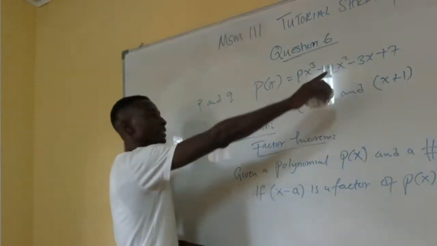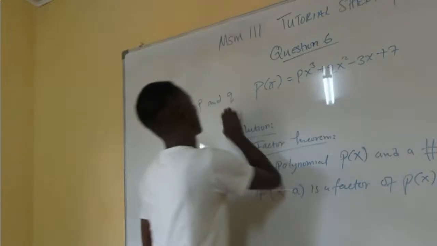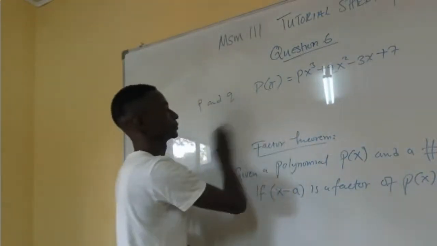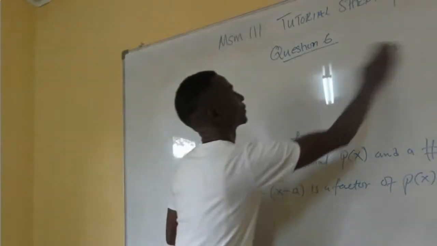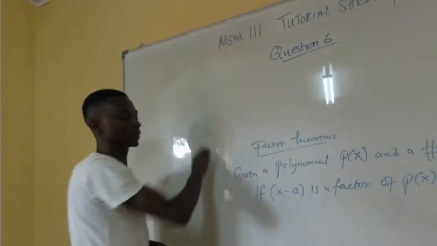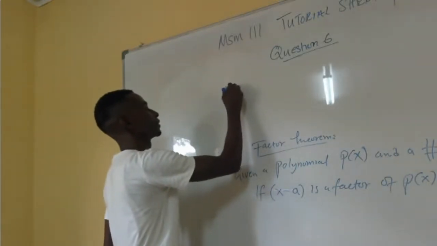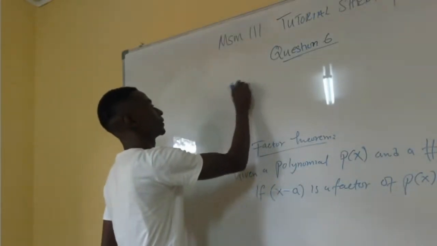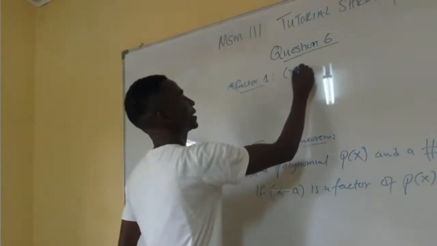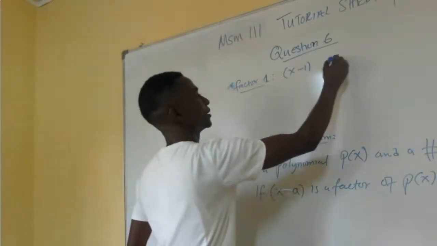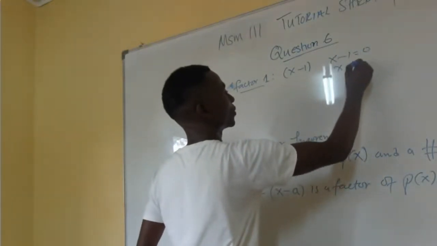So first, let's find the equation for x minus 1, the first factor. So you say factor number 1, we have x minus 1. So meaning x is equal to 1.